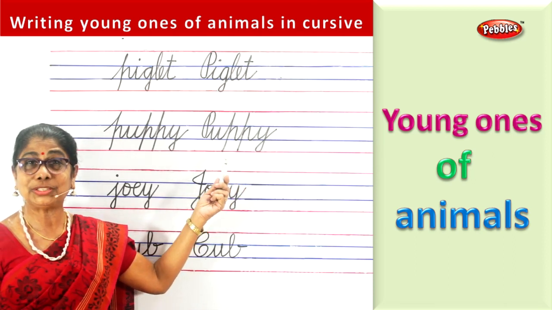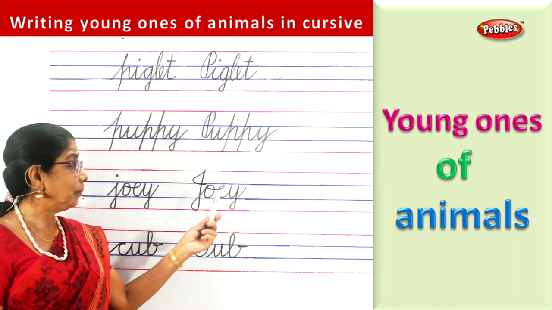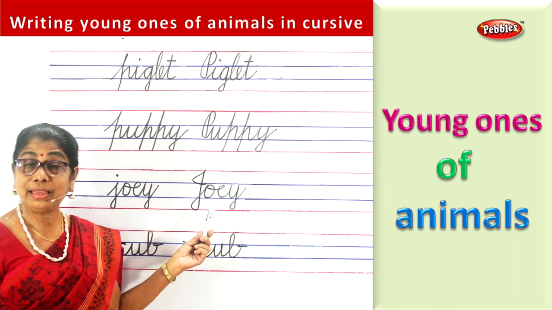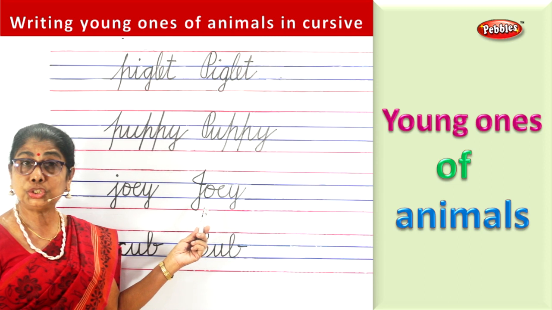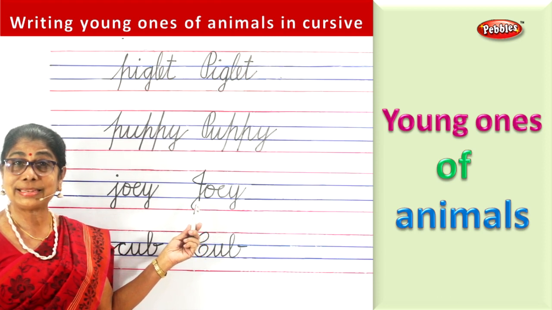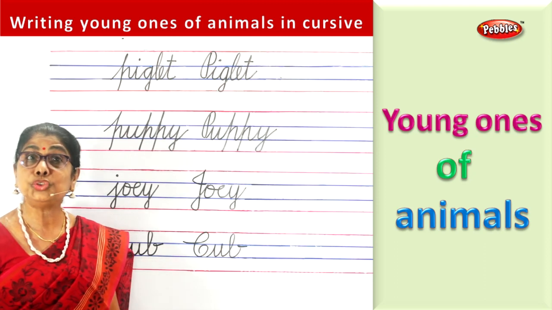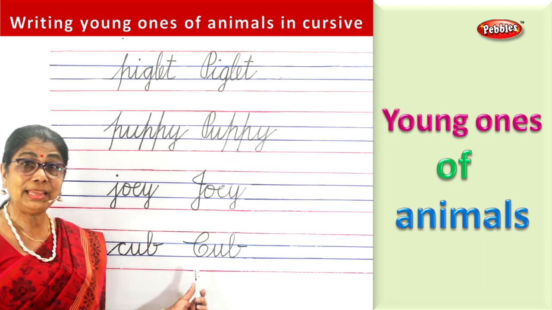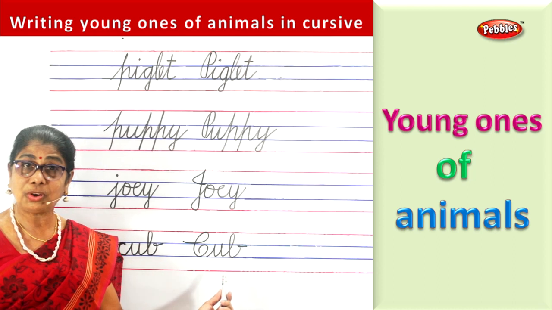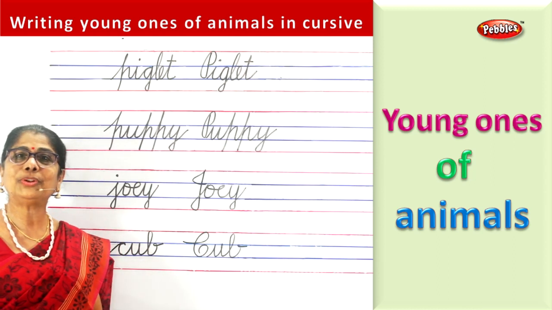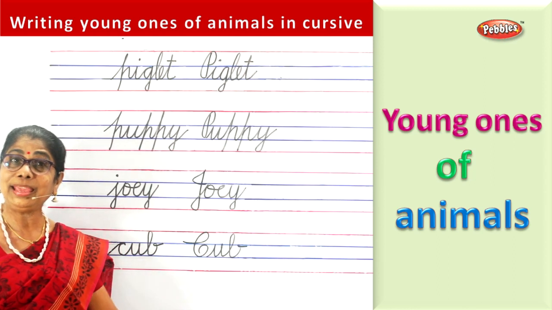Young one of a dog is called puppy. Joey. Kangaroo's baby is called Joey, and he sits in mummy's pouch. And finally, cub. Lion's baby is called a cub. Tiger's baby is also called a cub. Cub.